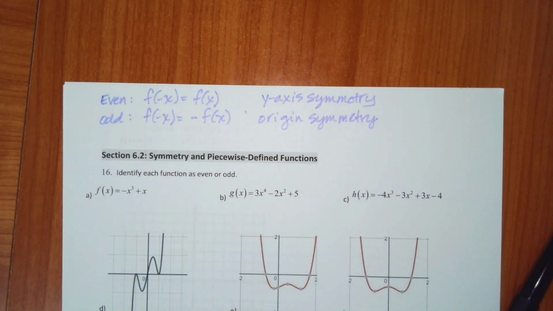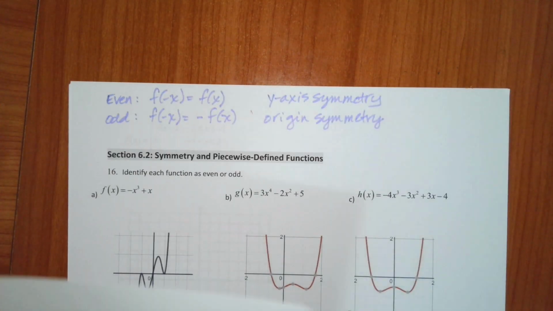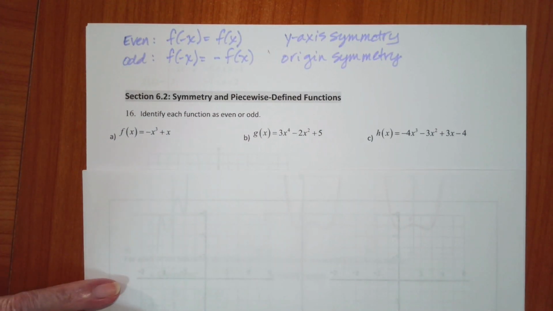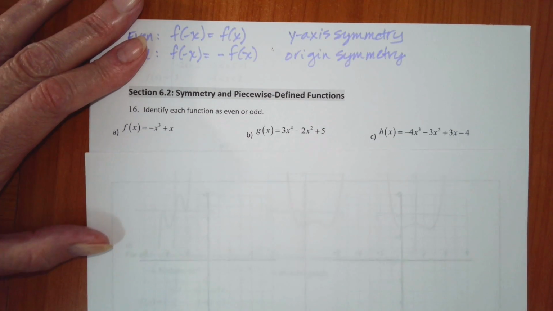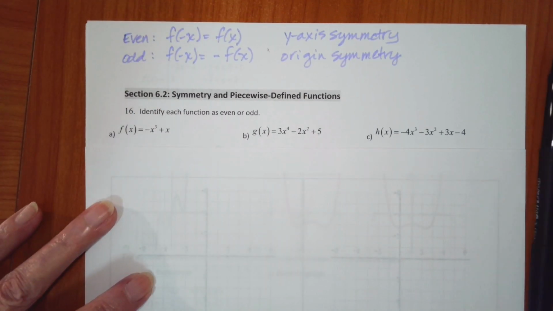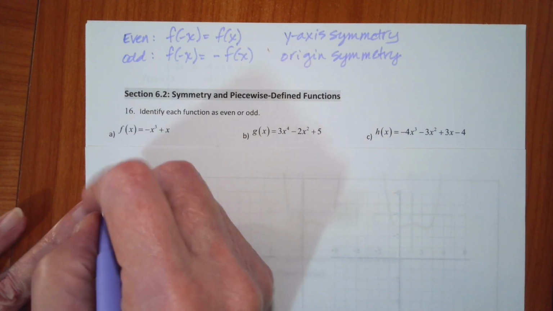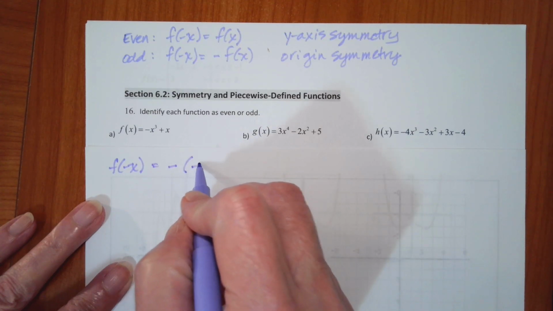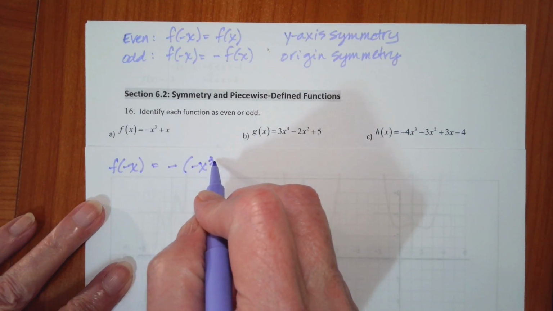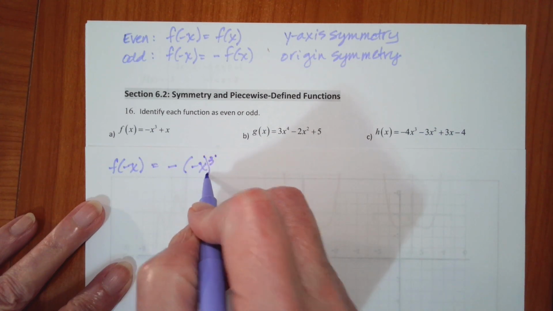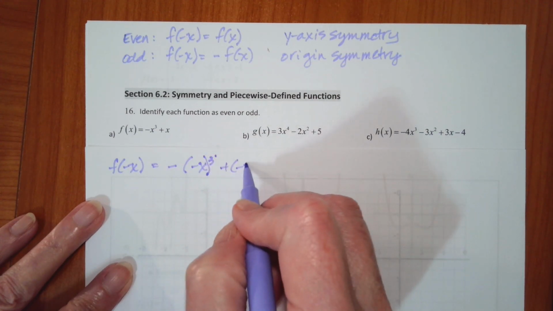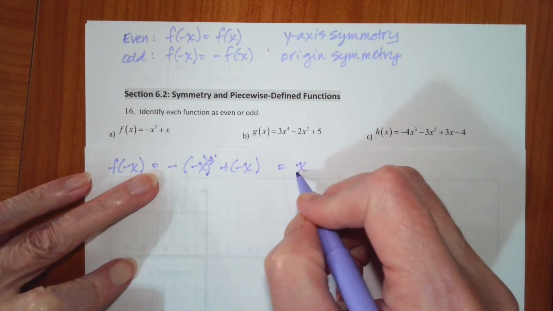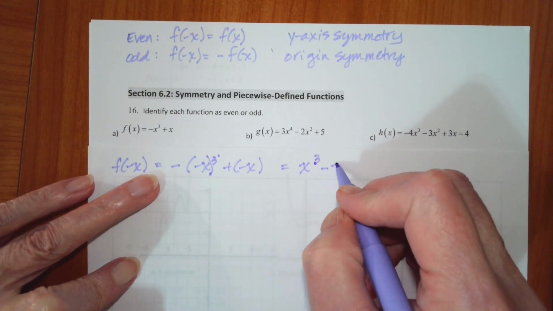Okay, what I am going to do is get out some extra paper so I don't have to cram it up like I did before. All right. So if I have f of x equals negative x to the third plus x, the first thing I want to find is f of negative x, which is the opposite of negative x to the third, plus negative x, which is equal to x to the third minus x.